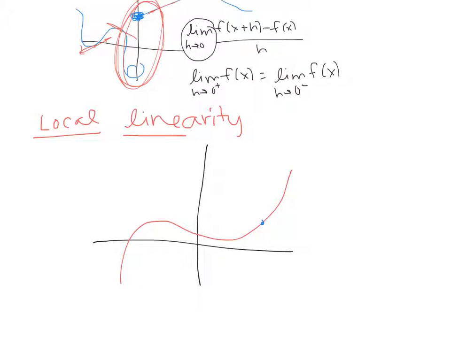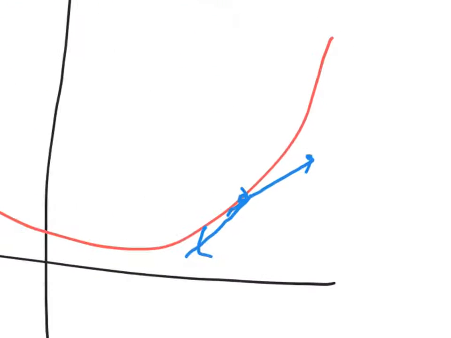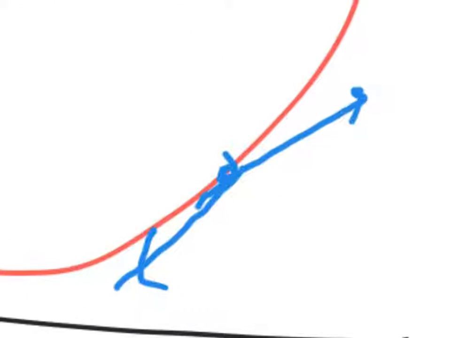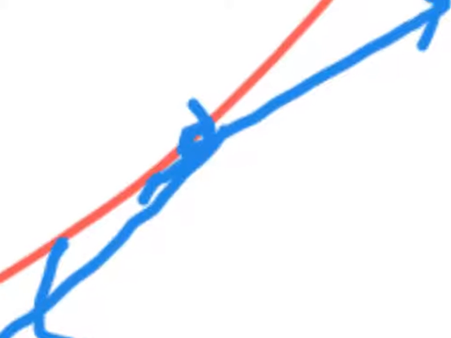If I pick a point on this curve and I draw a tangent line at that point, okay, if I were to zoom in around that point, again, local linearity, around that point, my tangent line pretty much is mimicked by my graph.